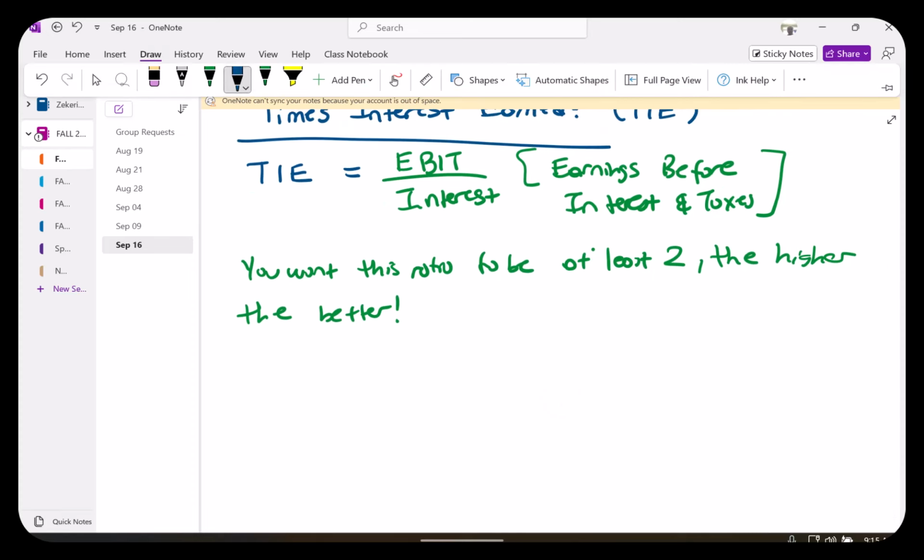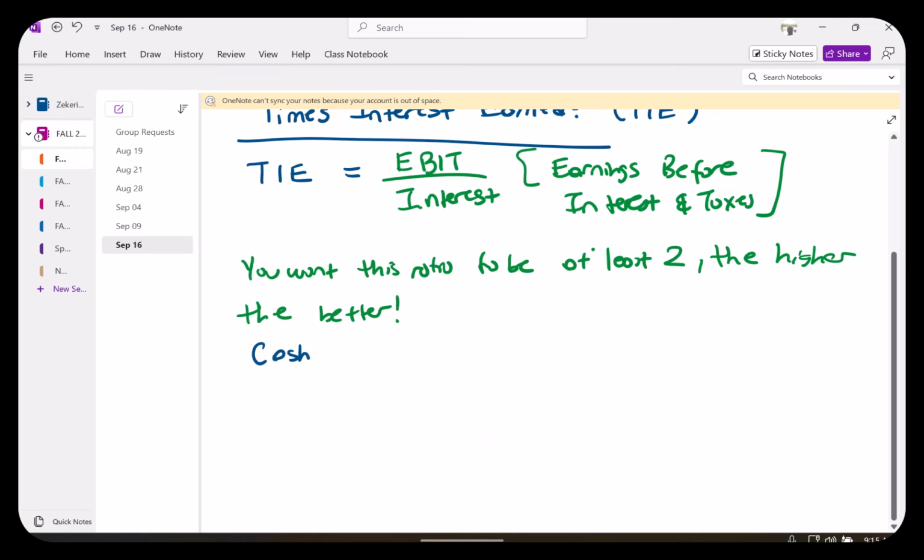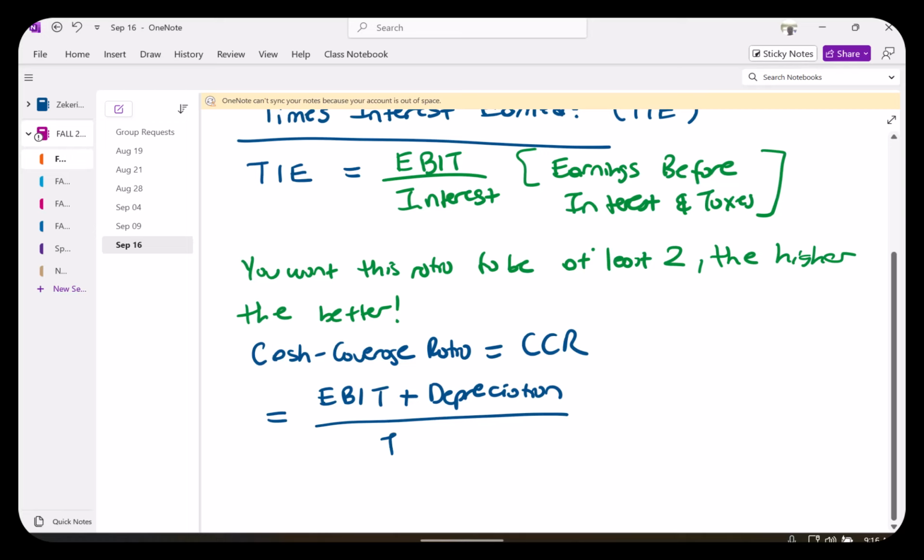Another one we're going to talk about is cash coverage ratio. That's abbreviated as CCR. That's EBIT plus depreciation divided by interest, or EBITDA divided by interest.